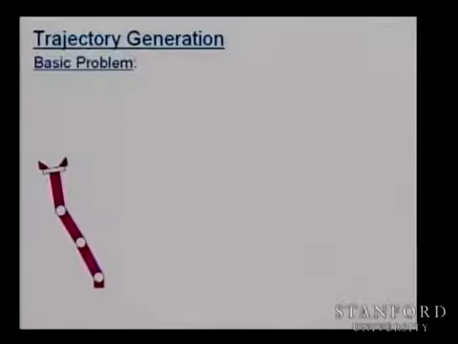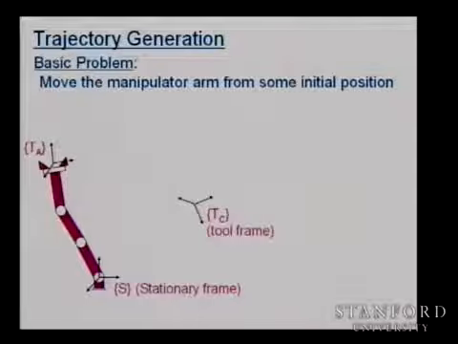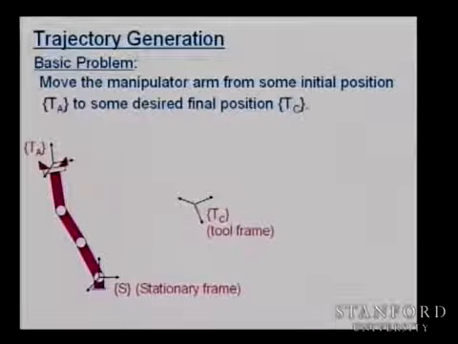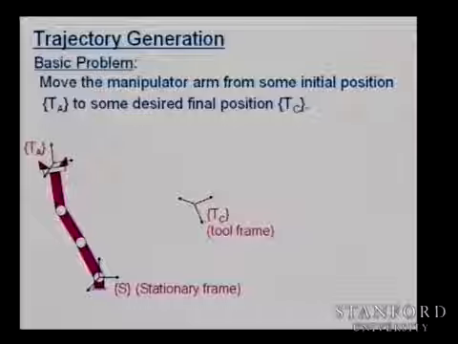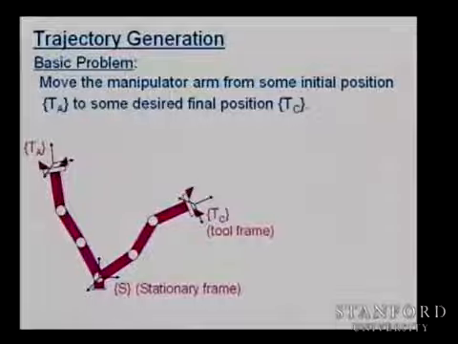So we have a manipulator arm, and we want to move the manipulator arm from some initial position, denoted with the frame T sub A, to some goal position, which will be the desired position T sub C, and the manipulator is based in a stationary frame, which is S in this case.